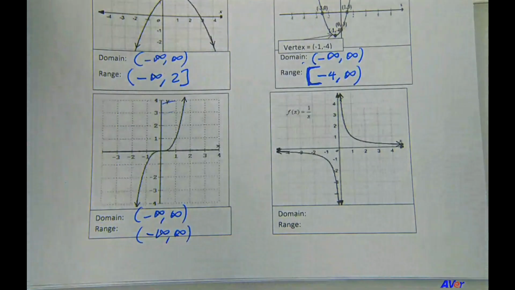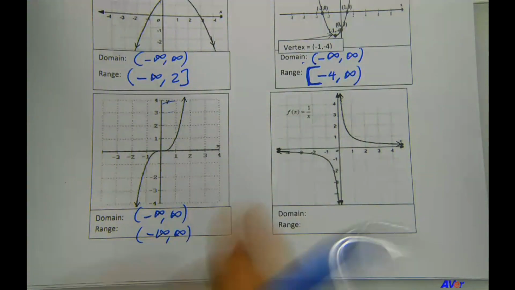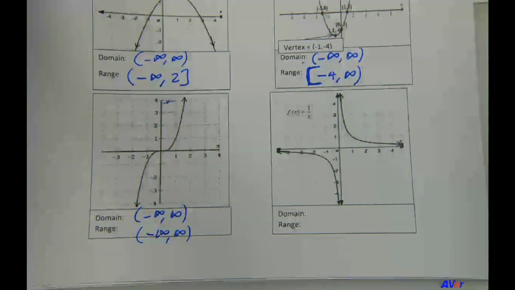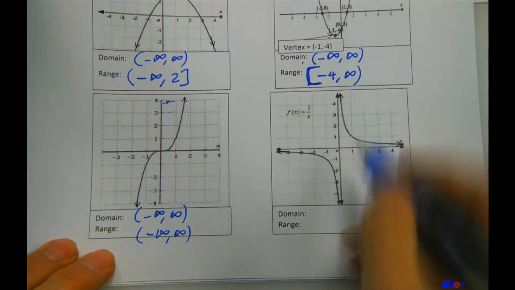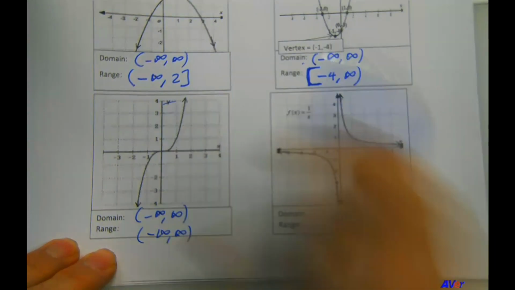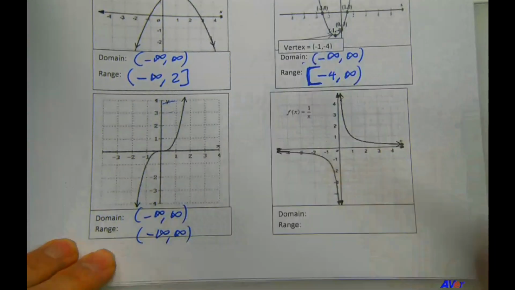All right. How about this one? Clearly, this graph has two pieces, right? So we must use that symbol we learned a few minutes ago, the union symbol, to write down both pieces of this graph. So the domain is, look at each piece to figure out the domain for the whole thing. Look at each piece separately.